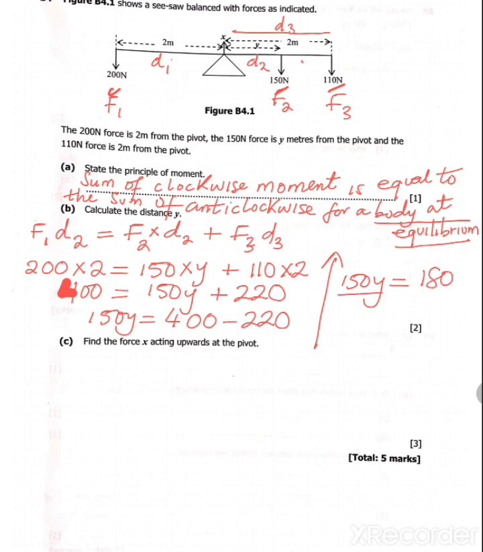So you divide through by 150 over 150. Therefore, y is equal to, we can use a calculator, 180 divided by 150, to give us 1.2. Since y is representing the distance, this is going to be 1.2 meters. So that is how you can find the value of y.